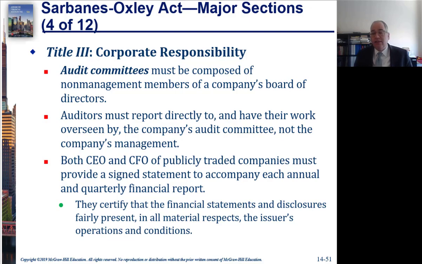The CEO and CFO must provide a signed statement to accompany each annual and quarterly financial report, certifying that these fairly present in all material respects the issuer's operations and conditions. And this sounds pretty pedestrian, but part of the problem with Enron and some of the other scandals before it was that the CEO and CFO said, well, we just didn't know.